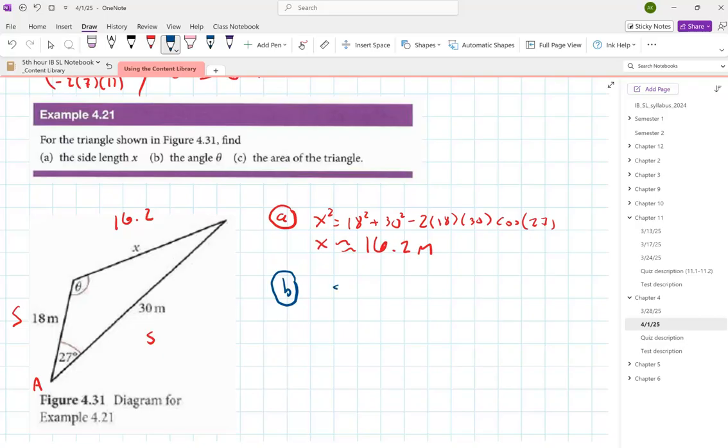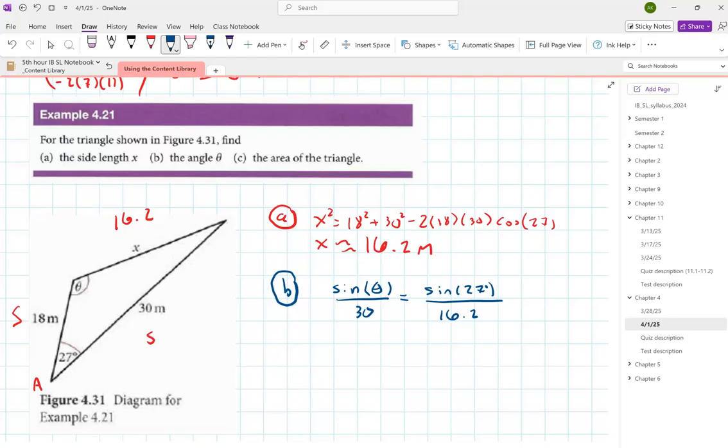So I'm going to say I have sine of theta over 30. And then I need the angle that I'm given, so that's sine 27 over the side opposite to us, which is now that 16.2.